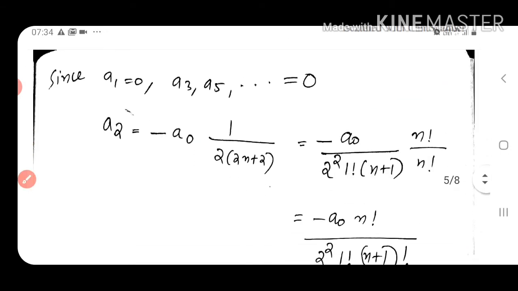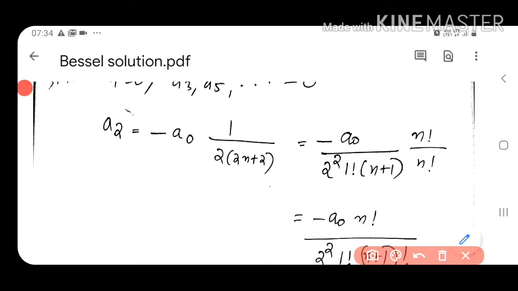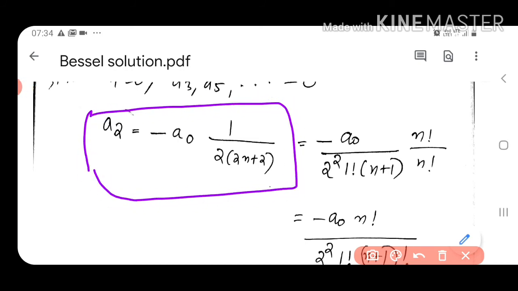And for even values, for a2, we will be getting this. We are trying to find a2. We put j equal to 0, so we have minus a0 by 2 square, 1 factorial into n plus 1, and we introduce n factorial by n factorial.